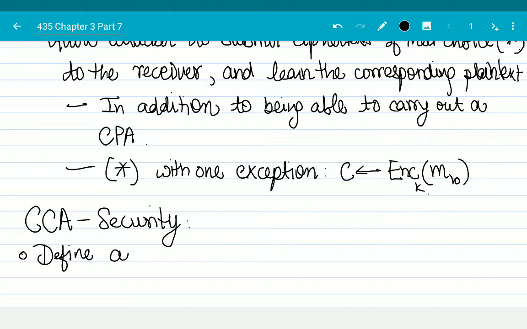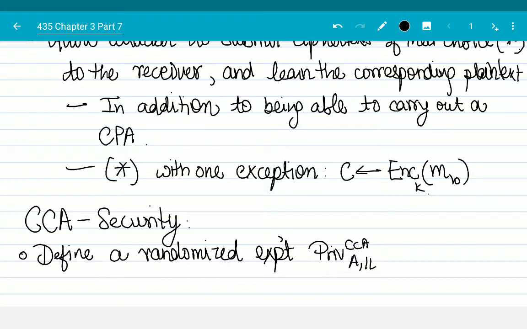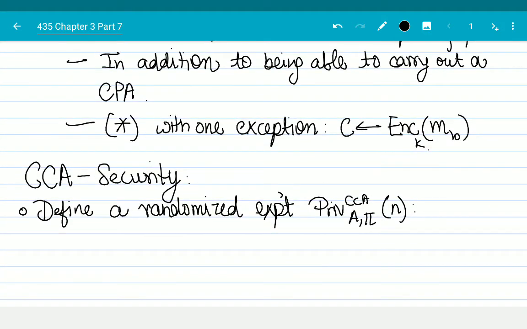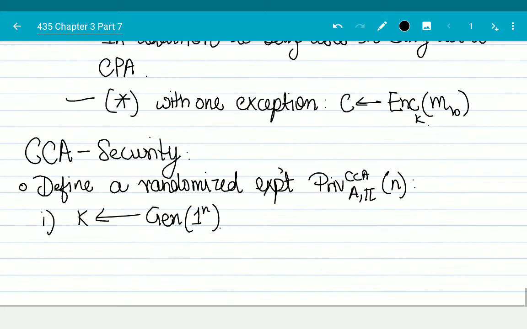Define a randomized experiment, Private key encryption CCA_{A,pi}(n), as follows. First step, you feed the key generator 1^n. So basically you're telling it what n is.